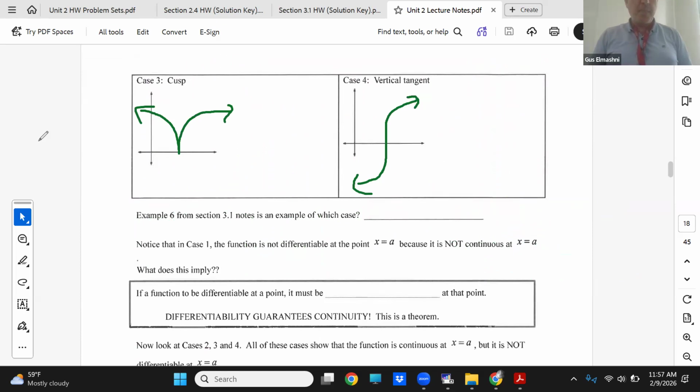So what happens here with my tangent lines: the left-hand derivative is -infinity. The right-hand derivative is +infinity. Or vice versa, because it could also look like this too.